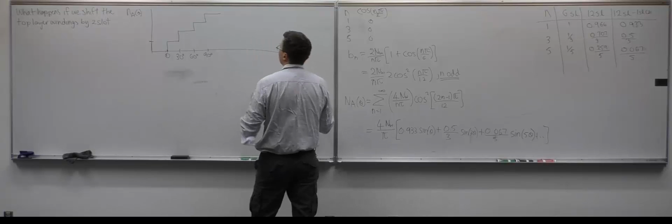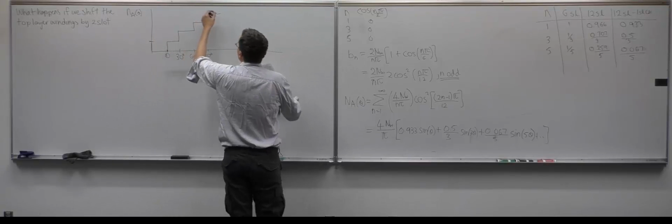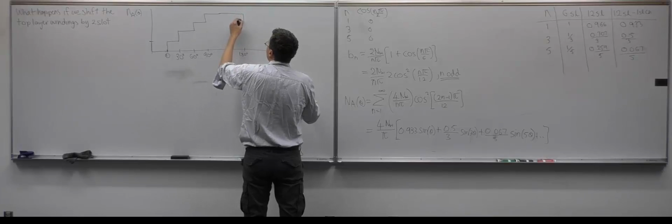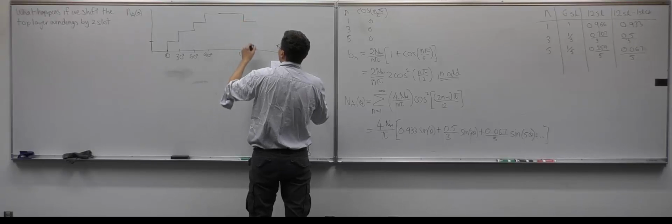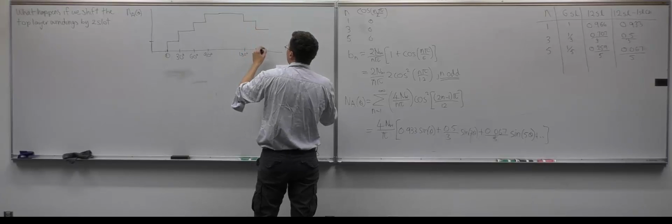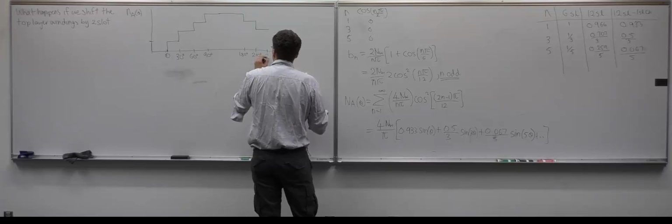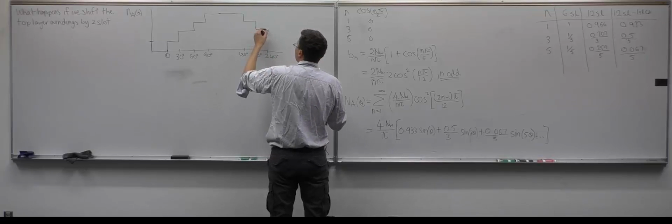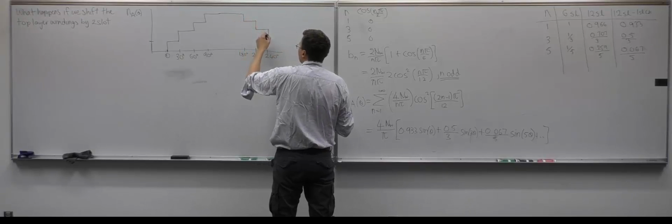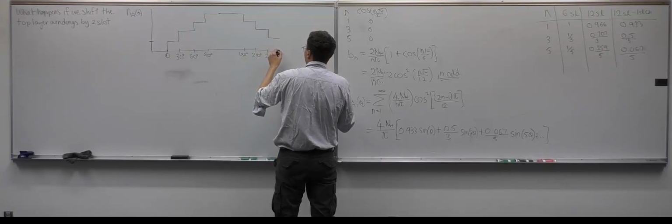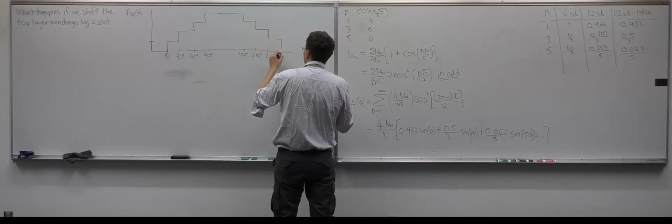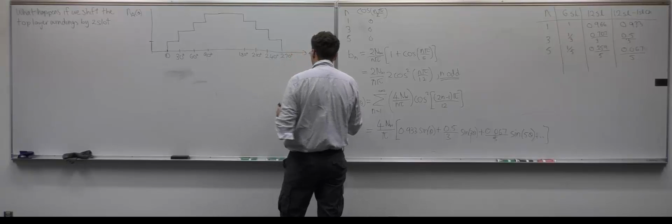And now nothing happens, so this is A phase. Nothing happens till we get to 180 degrees, and then we come down, and then we go across to 210 degrees, and we come down again, and we go across to 240 degrees, and then we come down again, and then come down again to 270 degrees, like that.